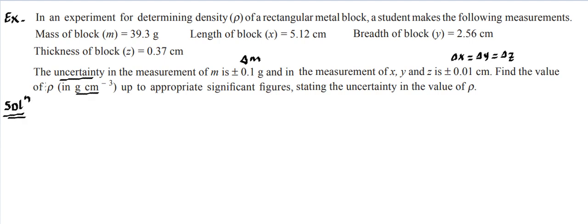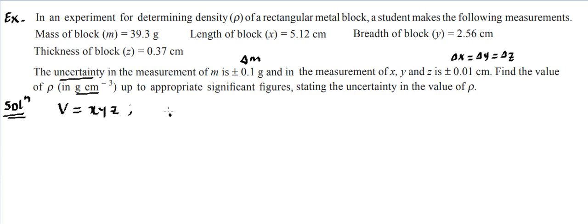First we need to connect this density with the mass and with these dimensions. Now if there is a rectangular metal block, can we find out what volume it is going to carry? So the volume of the block is going to be the multiplication of all the dimensions like length, width and thickness. So can we say it's going to be x, y and z? That's the volume.